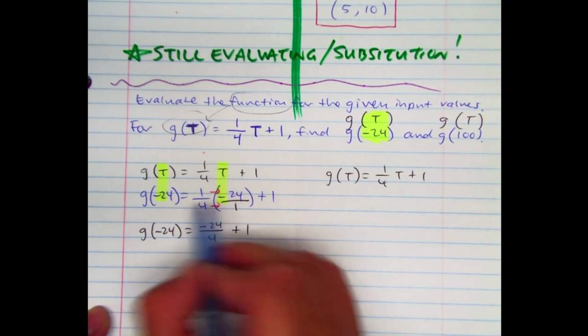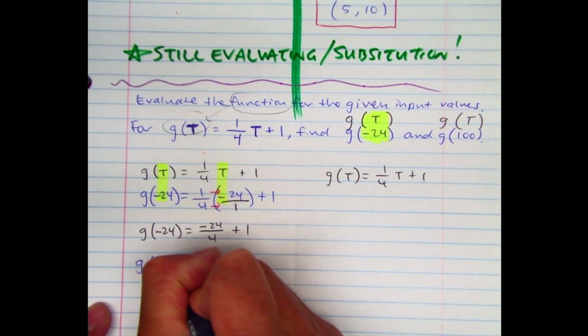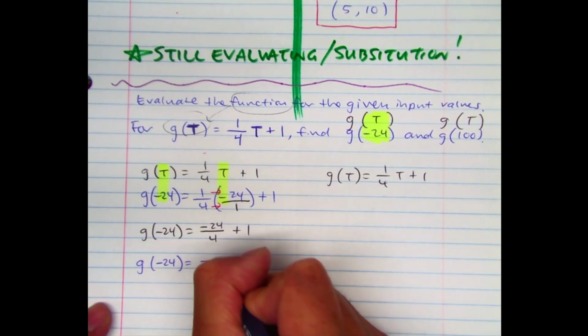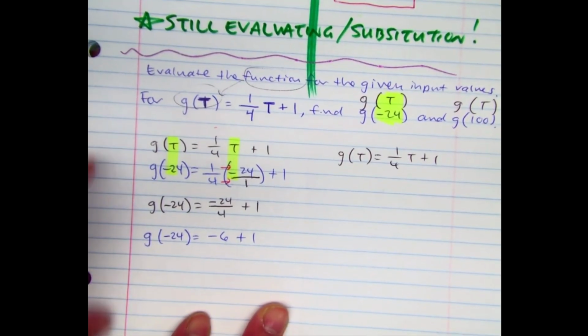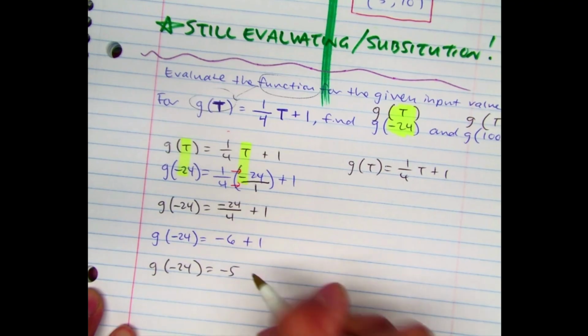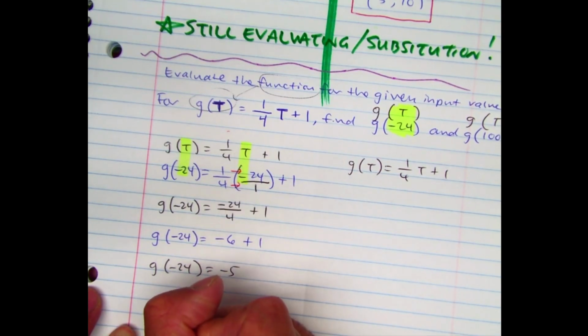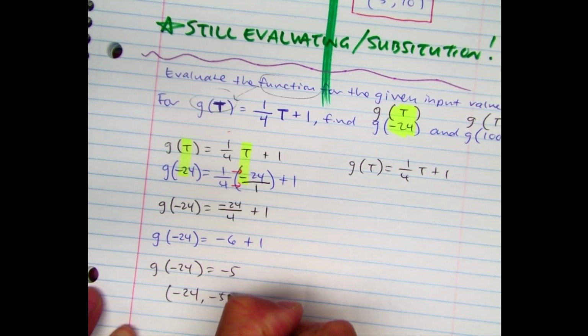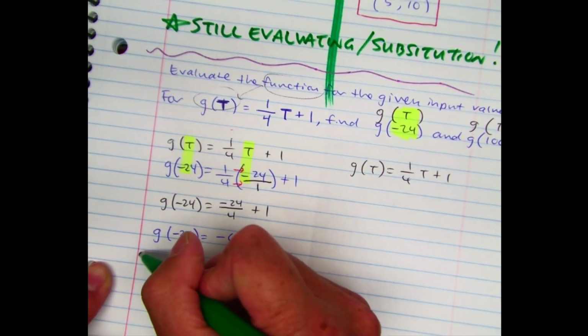We did multiplication going left to right, now it's division. So -24 divided by 4 is -6 plus 1. Yeah, -6 plus 1 is -5. So my answer is G of -24. My input is -24. When I put it in there, I got -5. Remember, you can make that an ordered pair. What's my ordered pair? -24, comma, -5. So this is our first answer.